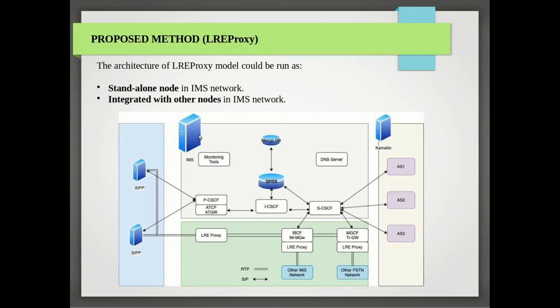The architecture of the LREProxy model could run as a standalone node in this picture in the transport layer. We could see LREProxy seated as a standalone node or integrated with other nodes. For example, in this picture, we integrated LREProxy with the IBCF function for other IMS networks or the MGCF function for connecting with other PSTN networks.